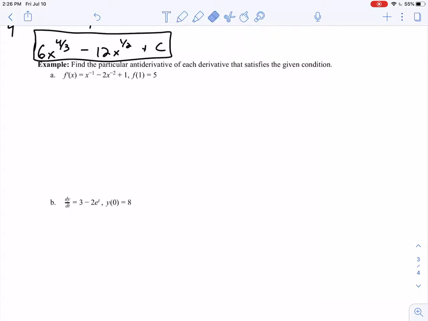But as soon as you give me a single point on that graph, it locks it into one single particular antiderivative. So if you tell me one point that's on my graph, I can then find exactly which member of the family of antiderivatives we're talking about.